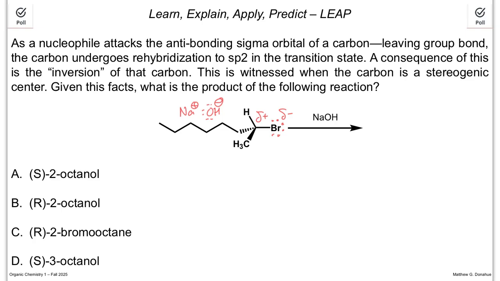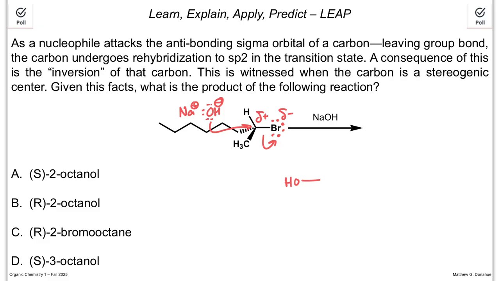So one way to think about this, since it's SN2, is that the nucleophile has to attack opposite to the carbon-bromine bond. And then when we draw the product, we're going to keep that in the plane because the C-Br bond is in the plane. Then these other three substituents, hydrogen, methyl, and this carbon chain, we're just going to invert and draw them all over to the right side.